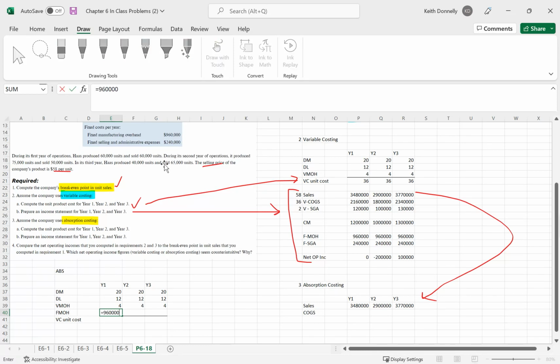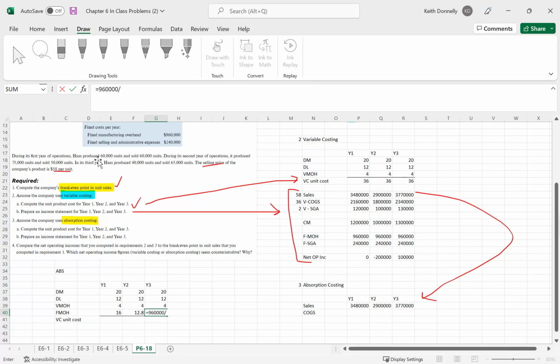We grab that from up here, and you have to divide that by the number of units we produced in each year. In year 1, it was 60,000. In year 2, we have 960,000 divided by, let's see how many we produced, 75,000. And then in year 3, we had 960,000.